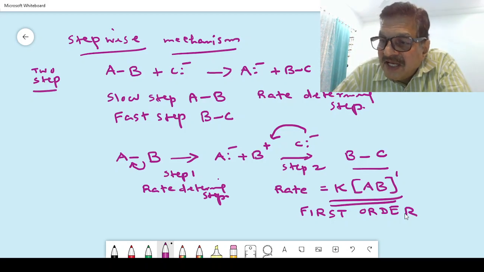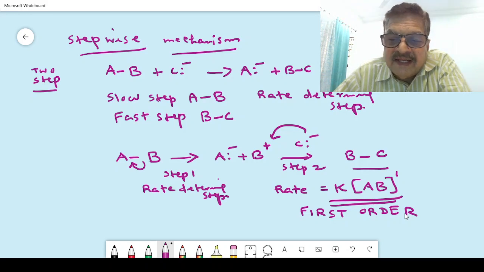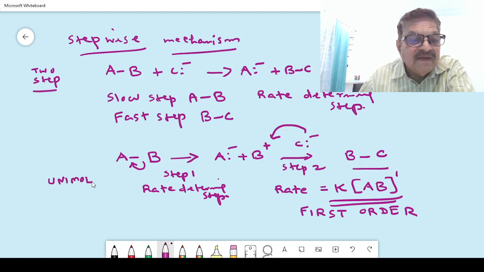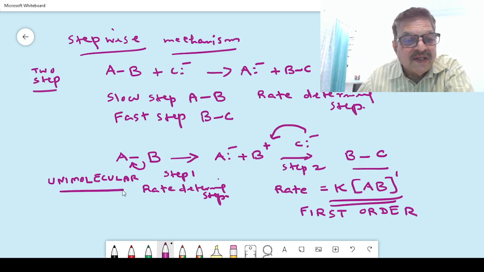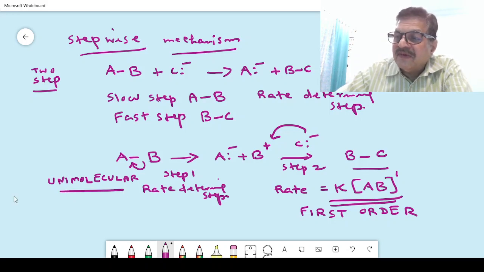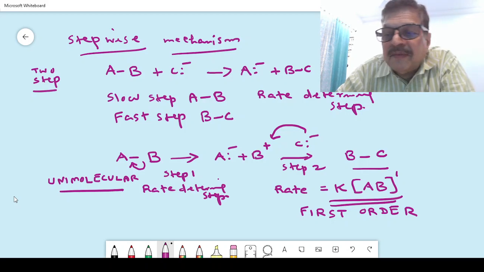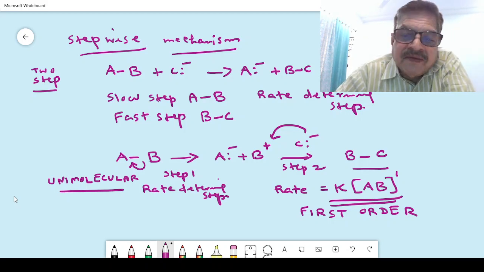Correct. A reaction involving only one reactant is said to be unimolecular. The other one we have seen is a bimolecular reaction; this is a unimolecular reaction. The concentration of the reactants affecting the rate determining step appears in the rate equation, so the rate will depend upon the concentration of AB.